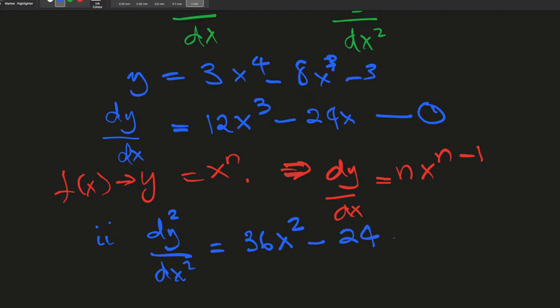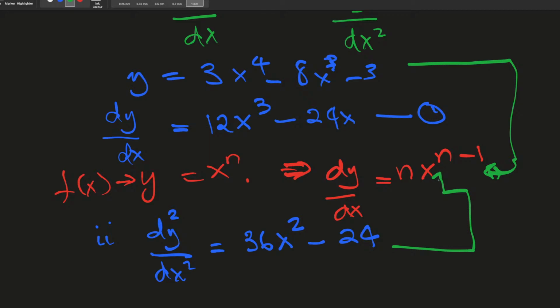When we multiply 3 by 12, we get 36. So all of them, we use the same approach, and also for the second derivative, the same approach.